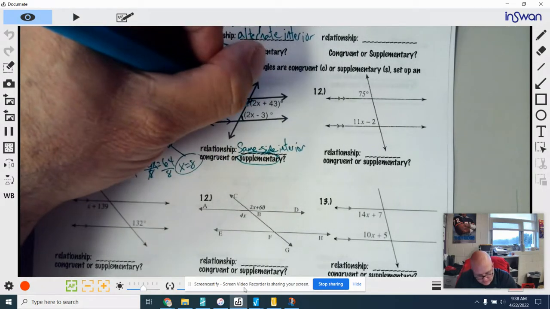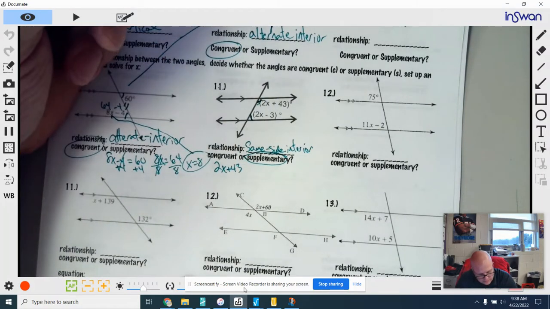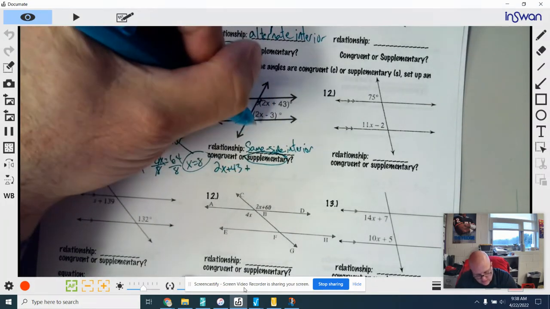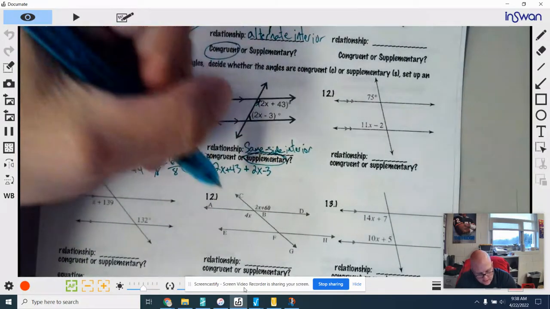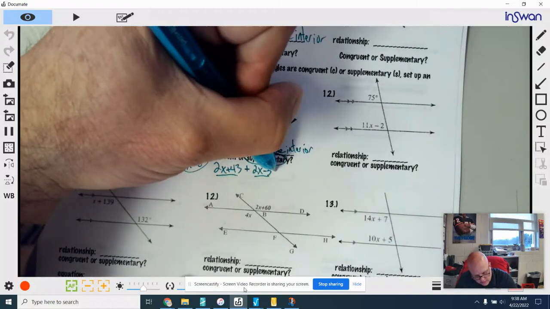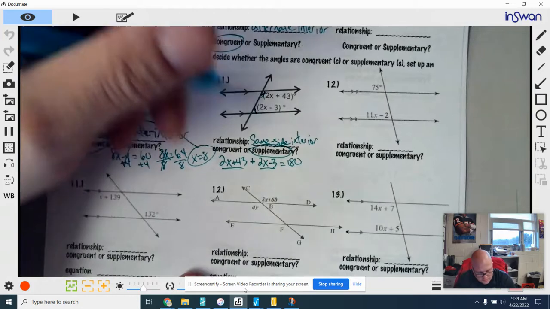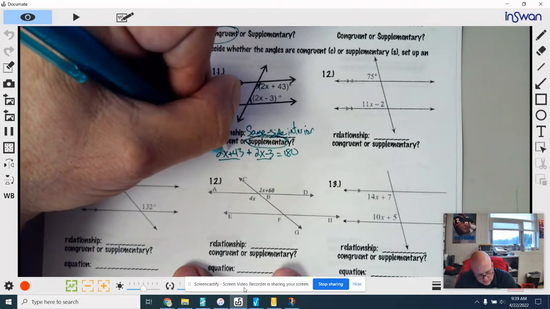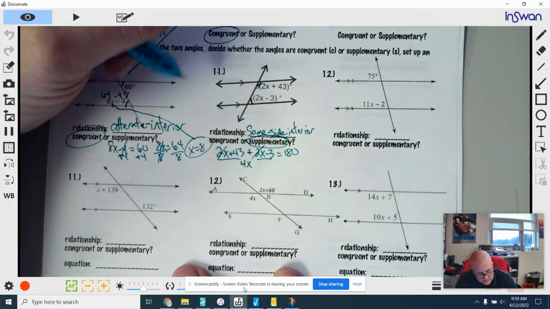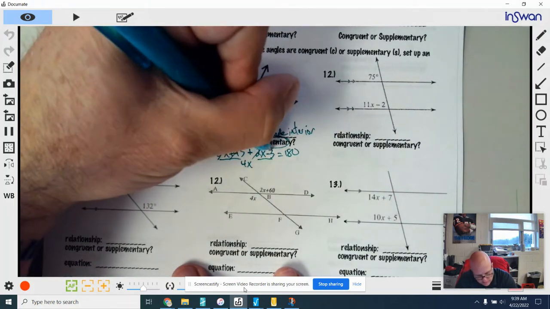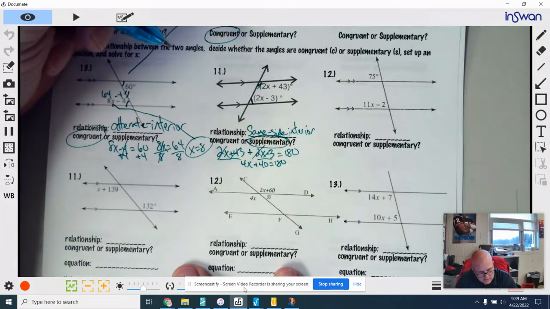So I'm going to take this top angle. I'm going to write that down. 2x plus 43. And I'm going to add it with the bottom angle, 2x minus 3. And I know that these two should add up to 180 degrees. So that's the equation I want to write. Okay, so I combine like terms, 2x plus 2x, that's my 4x, plus 43 minus 3, that's plus 40, equals 180.